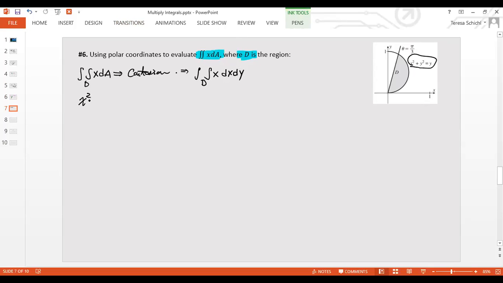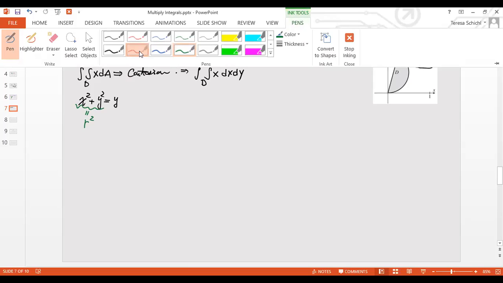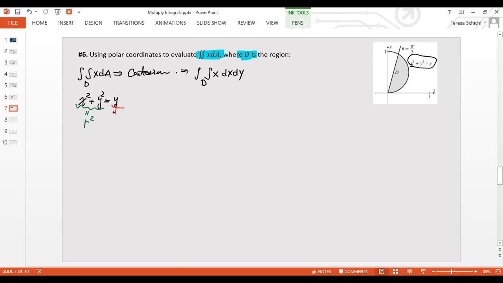So this is x squared plus y squared equal to y. I know x squared plus y squared is equal to r squared. And what is y, from our previous definitions? Y is r sine theta.